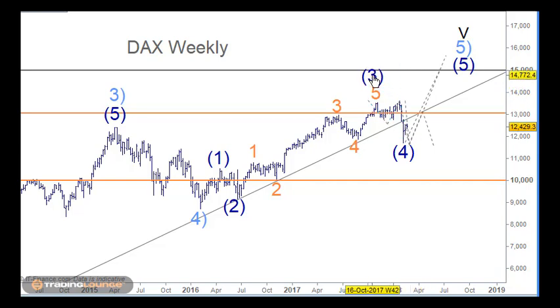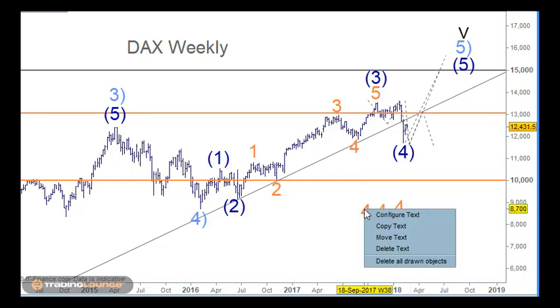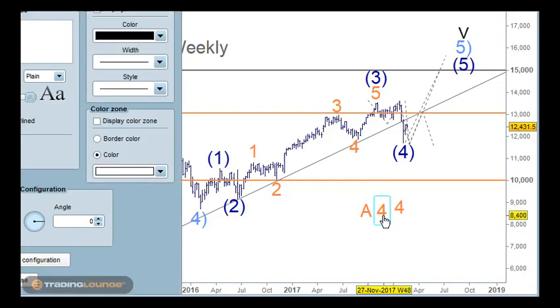So we really do need to place this wave 3 in here, which in turn, if I can just copy this here, looking for an A and a B and a C wave here.